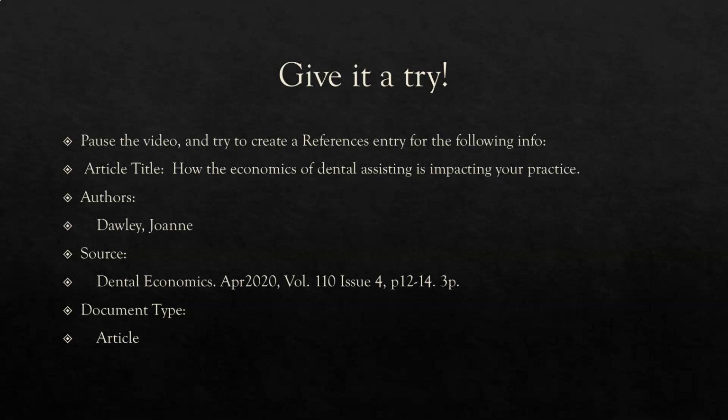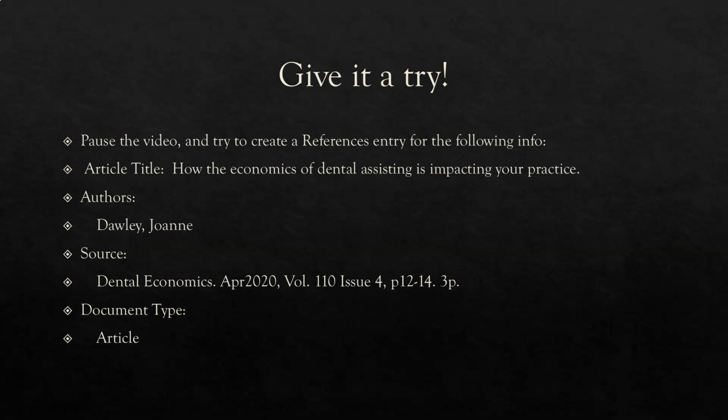The article title is How the Economics of Dental Assisting is Impacting Your Practice. The author is somebody named Joanne Dolly. It comes from a journal called Dental Economics, and it was published in April 2020 in volume 110, issue number 4. It's a 3-page article.